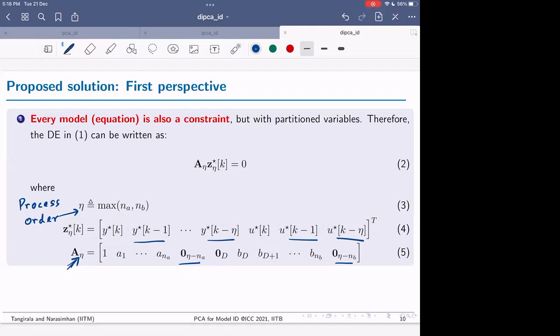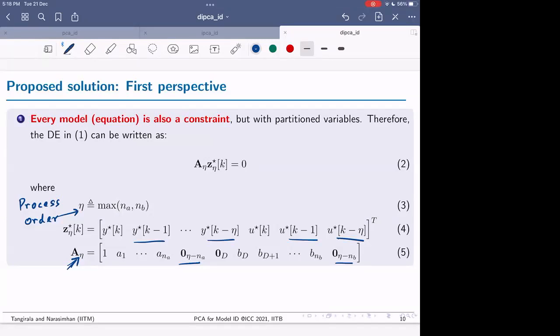There is a certain structure to it. In one of our early papers, we exploited this structure to identify the model, but later on, we kept the structure aside and used a more powerful method to identify these unknowns.